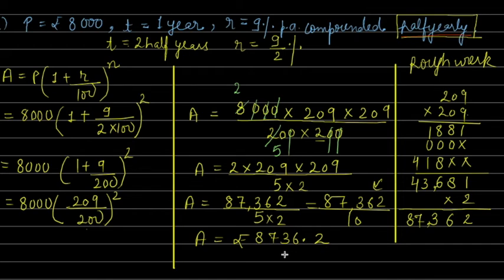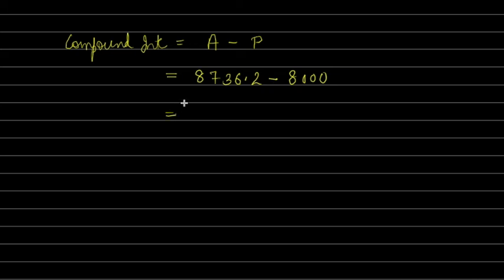Now as we were doing in the previous questions also, we have to calculate the compound interest. What is the formula for compound interest? Compound interest is amount minus principal. Amount we have just calculated as 8736.2 and principal in this question was given as 8000. So this is a simple subtraction.